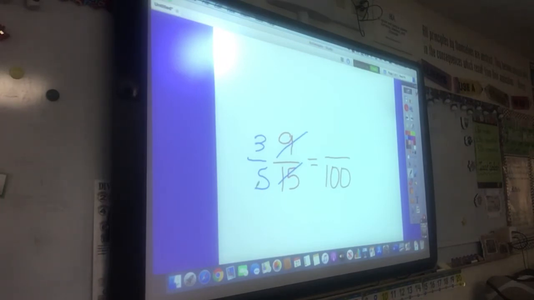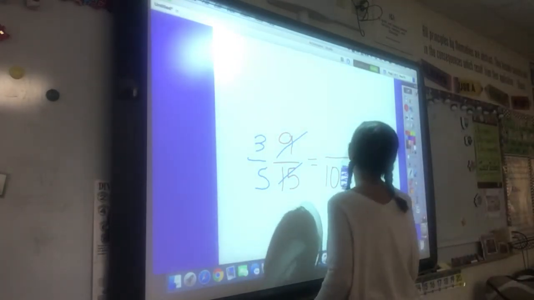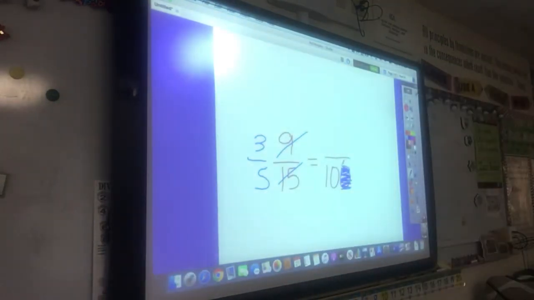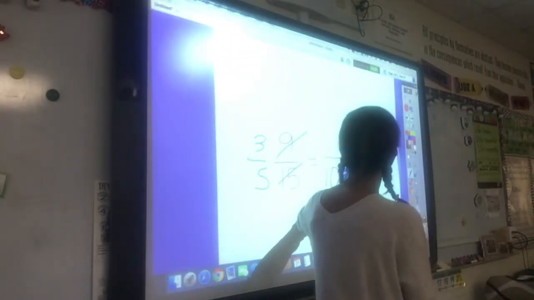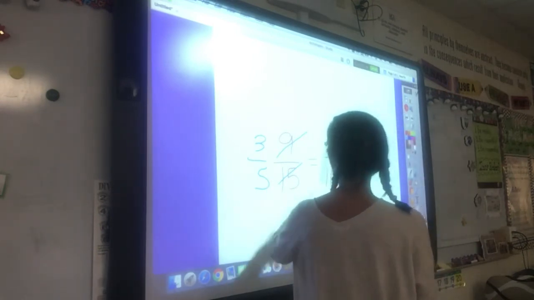And you know what, you don't even have to go to 100. You could just go to 10 because you can go from 5 to 10. You could go to 100, but it'll be easier to go from 5 to 10. And then do the same thing on the top. Alexa? If you were doing 100, you would have 0.20. If you were doing 10, you would do 0.2. Yeah, it'd be times 2.